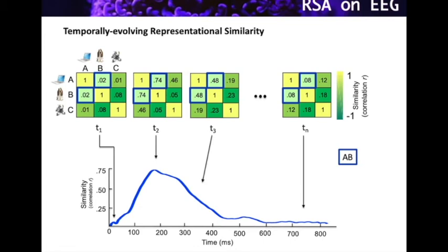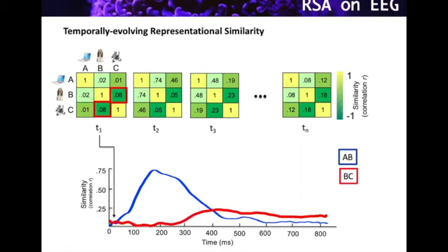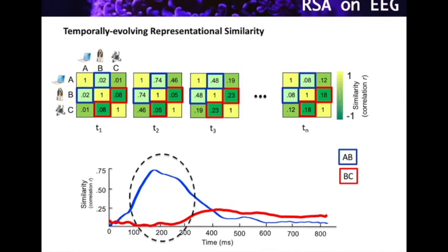Now this can be repeated again with another relation. Let's say, for instance, a robot dog and a real dog. And that would basically give us a temporally evolving representational similarity pattern that allows us to see the extent to which the relation between these given elements differs or not as a function of time.